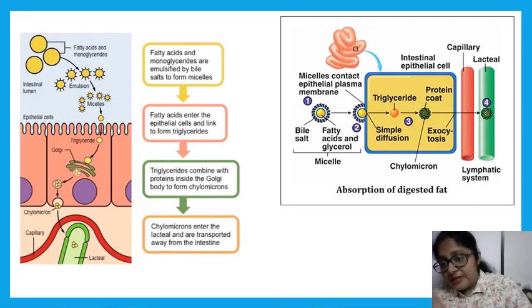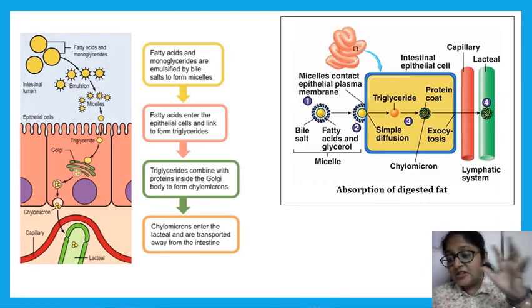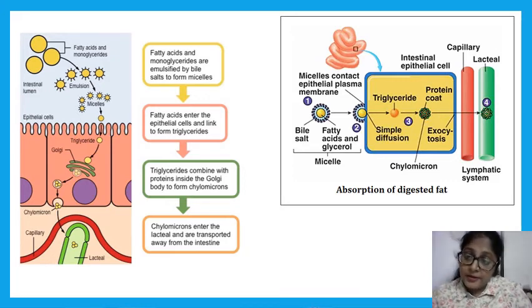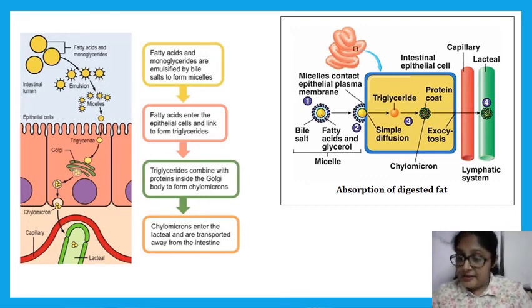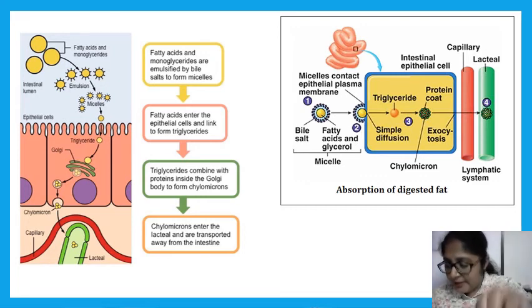Because the chylomicrons have large slit pores, which help them pass in between the epithelial cells. So that helps the chylomicron to pass through the lymphatic system, from the lymph to different parts of the body, and then from there it comes to the systemic blood, and to the different parts or organs of the body.